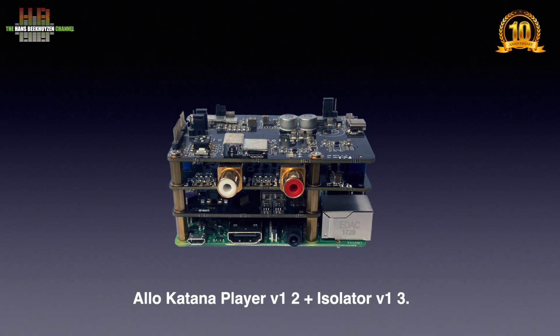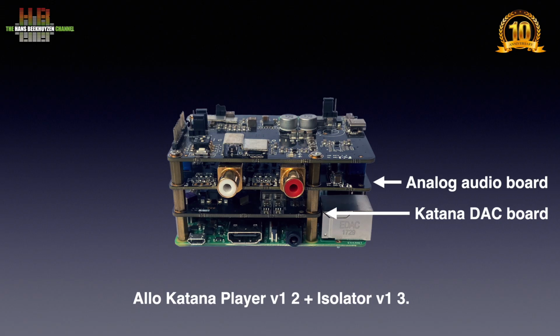It is a 3-board stack, one for the Katana digital to analog converter board that uses the ESS 9038Q2M DAC chip and ultra low jitter clocks from NDK. The second board holds the analog output circuits using discrete op-amps instead of integrated circuits. Allo teamed up with Sparkos Labs for these op-amps.